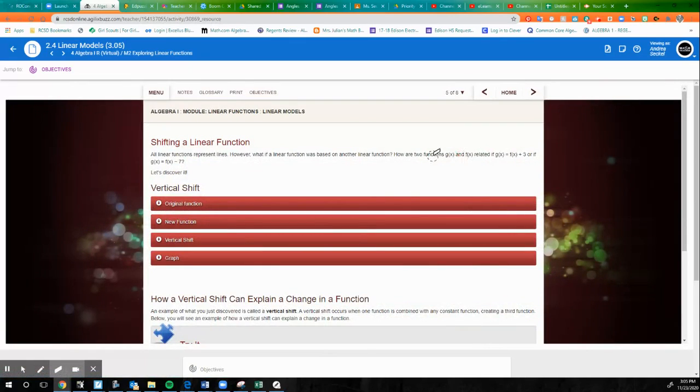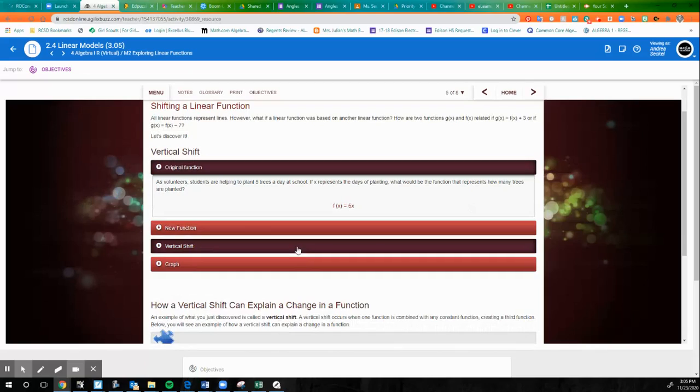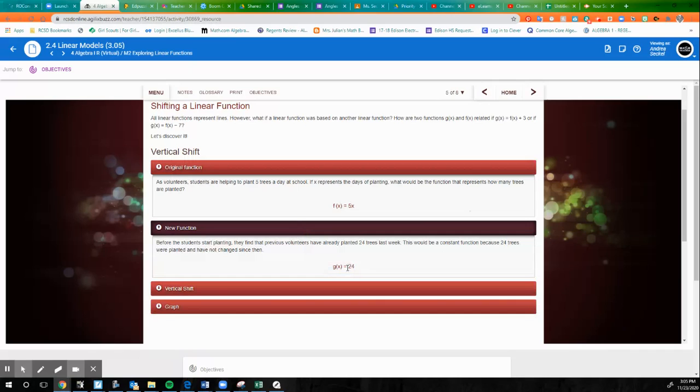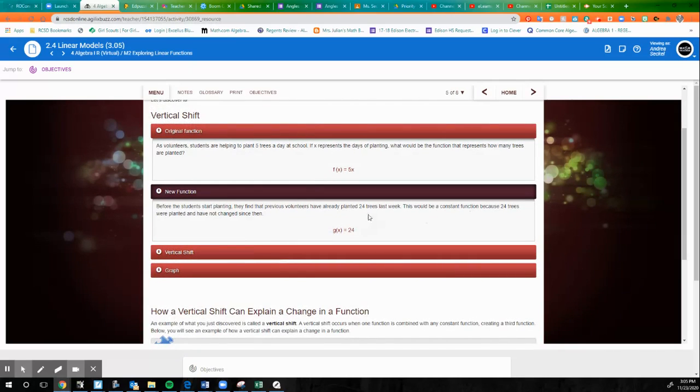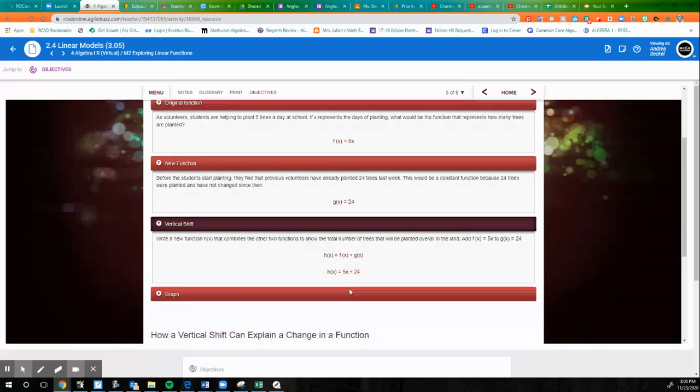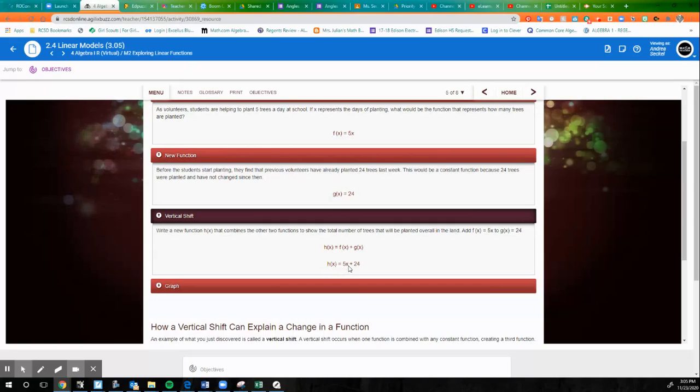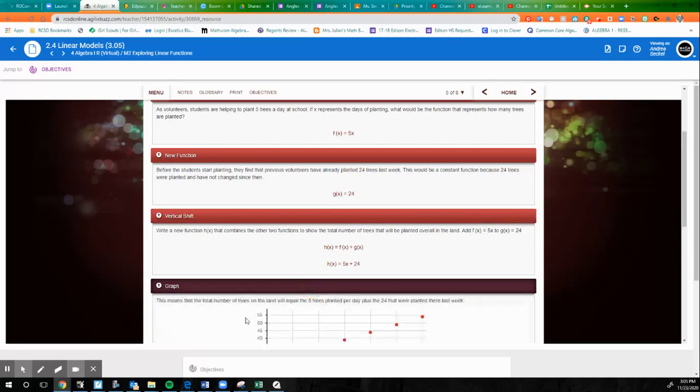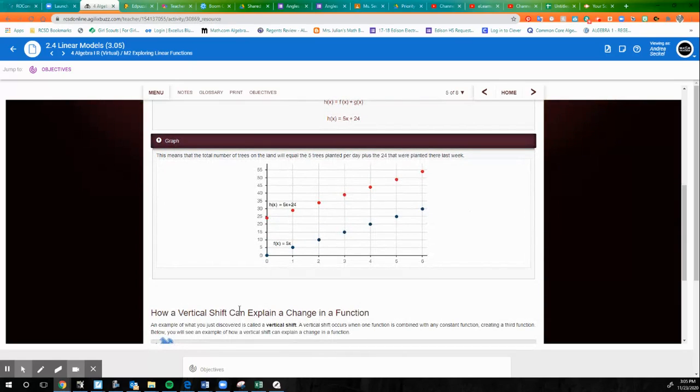Okay, vertical shifts. So they start off by giving, you can try this in your calculator. Your original function was f of x equals 5x. The new function is 24. What happens when we add those two together is that you get a new function of f of x plus 24. So if you were to put both of those on a graph with your calculator, you could use the y equals button.